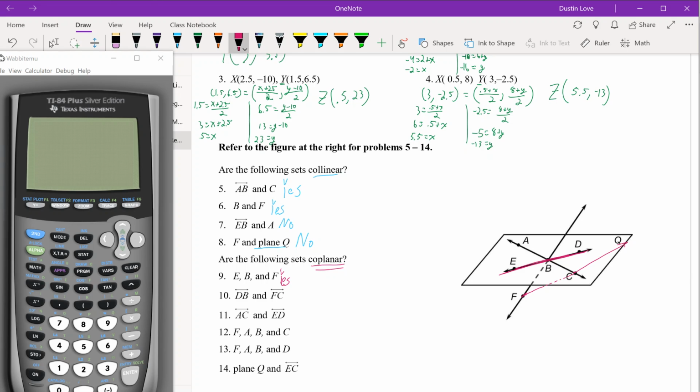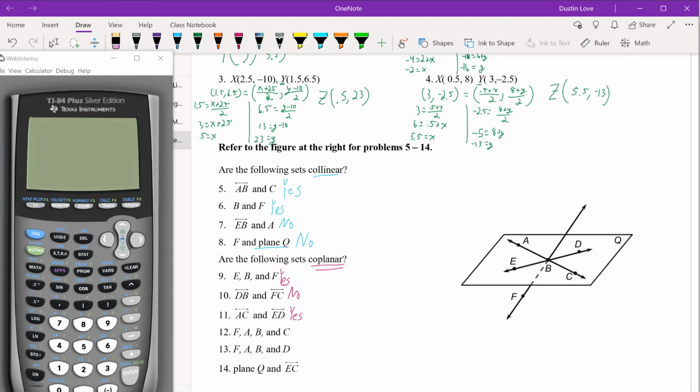So it's definitely not lying on the same plane as Q, which is where ED is. So this one definitely is no, because it is on a different plane than Q. All right, line AC and ED. Well, AC is this line going across. ED is this line going across. Both of those lying on plane Q. Therefore, yes, these are coplanar.